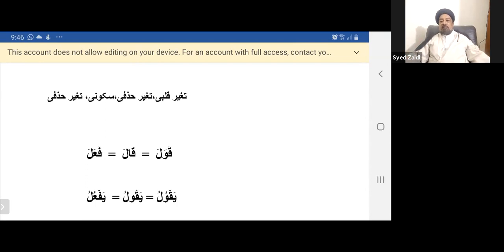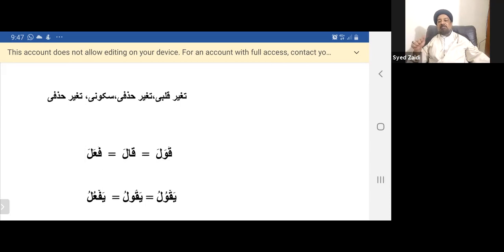تغيير قلبي is, as you can see, the word qala in the center, right in the middle. Qala was actually qawala. It has come from the word qawala. Therefore, you can understand that the alif was actually waw.